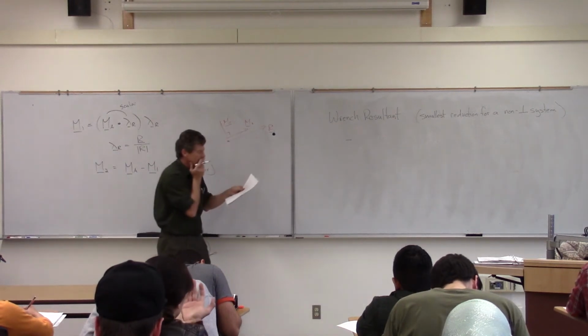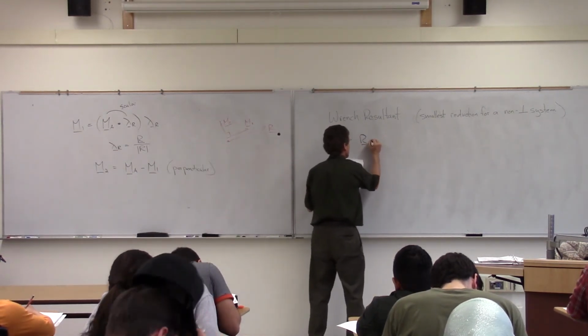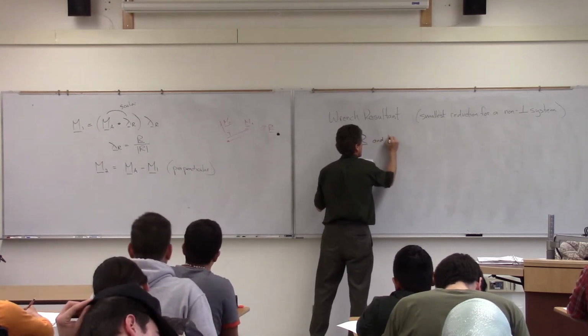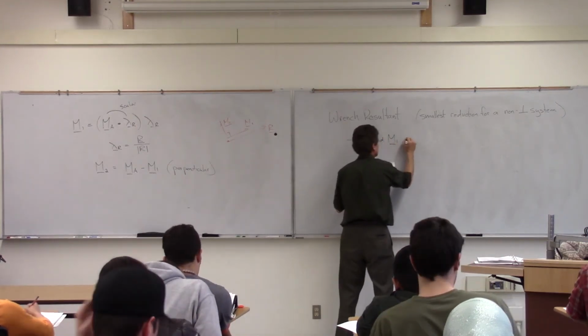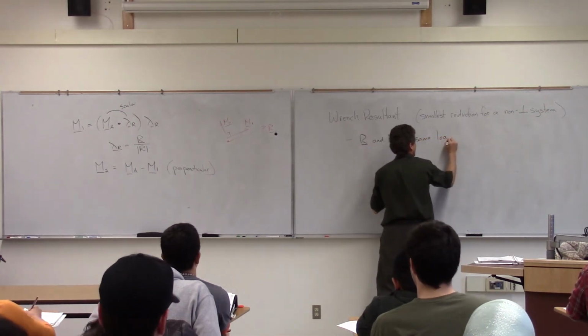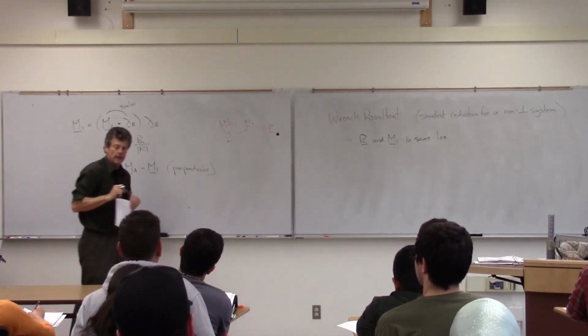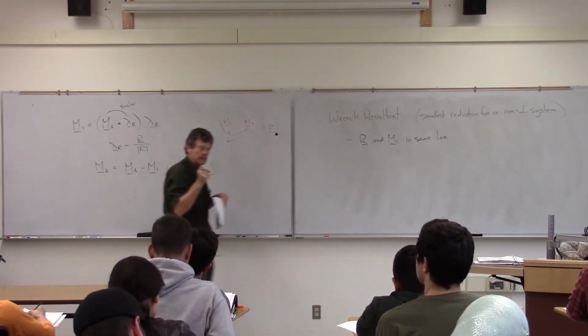Okay, so what we're going to find then is that we can decompose it to this moment, or this couple basically, and R that are in the same line of action.